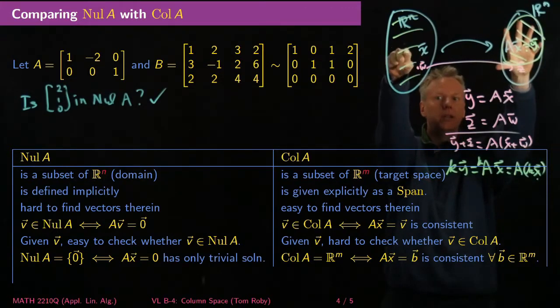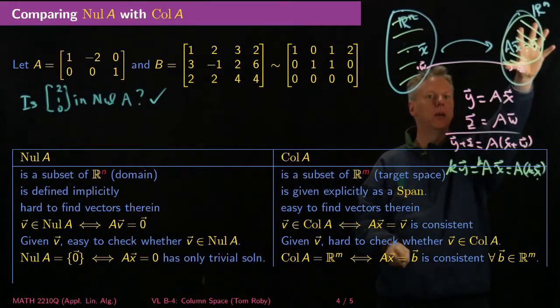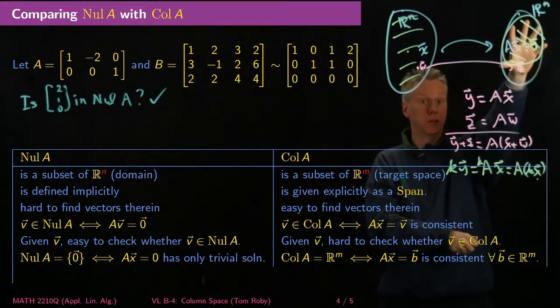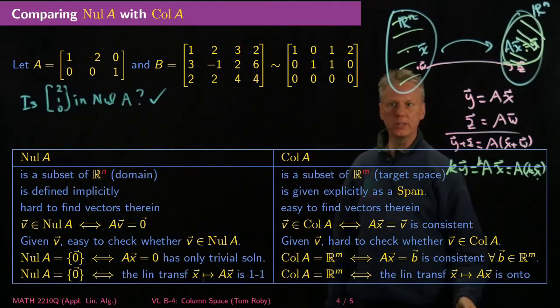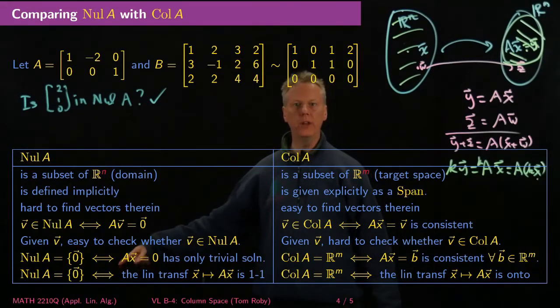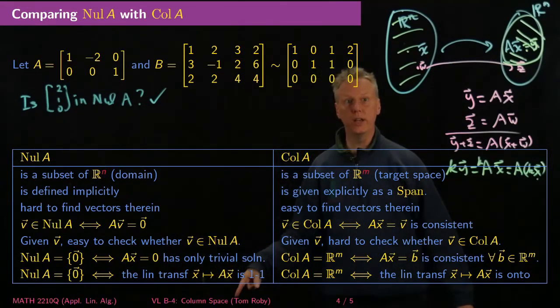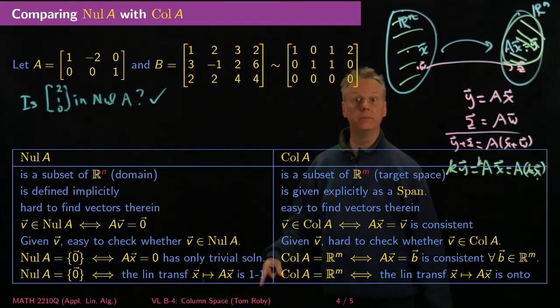So maximally small here means that AX equals 0 is only the trivial solution, and maximally big here means that AX equals B is consistent for every B. That's just by definition. Okay, but here's something slightly more interesting. The null space of A equals 0 if and only if the linear transformation x goes to AX is 1 to 1.